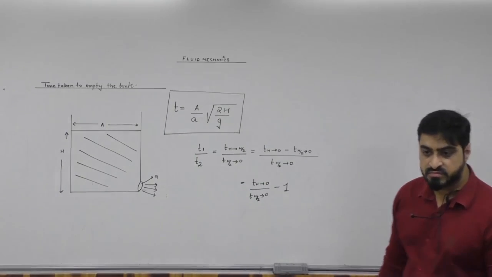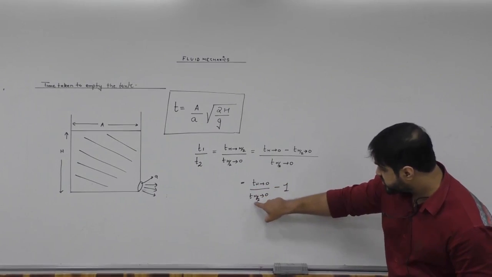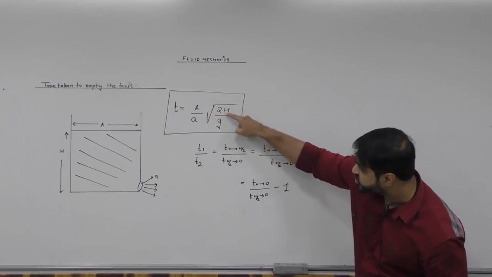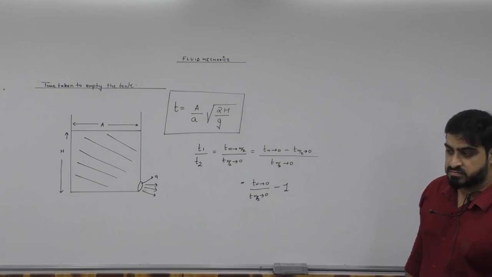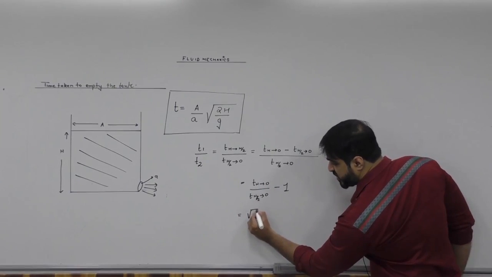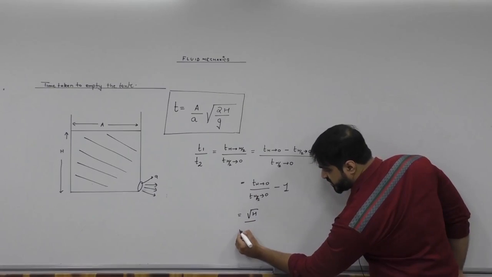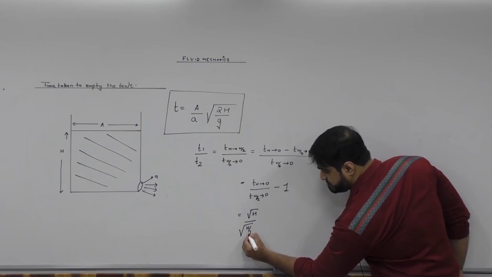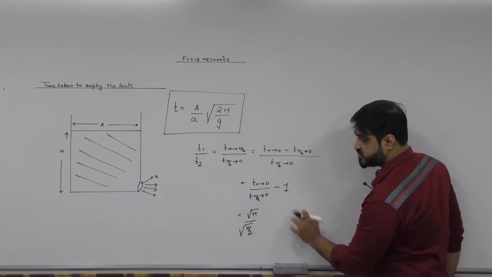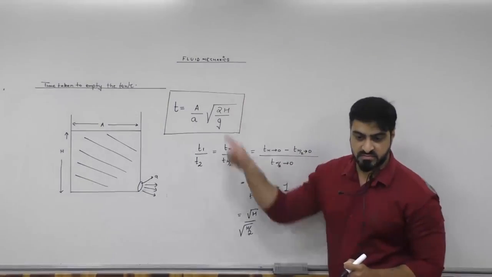Clear? How much is it filled in full? h. At this instant how much is filled? h by 2. Can I put the respective root h over here? Because over here root h will come, because it is proportional to root h. And over here it will come root of h by 2. Clear? Because both have to go to 0, and this is from h to 0.